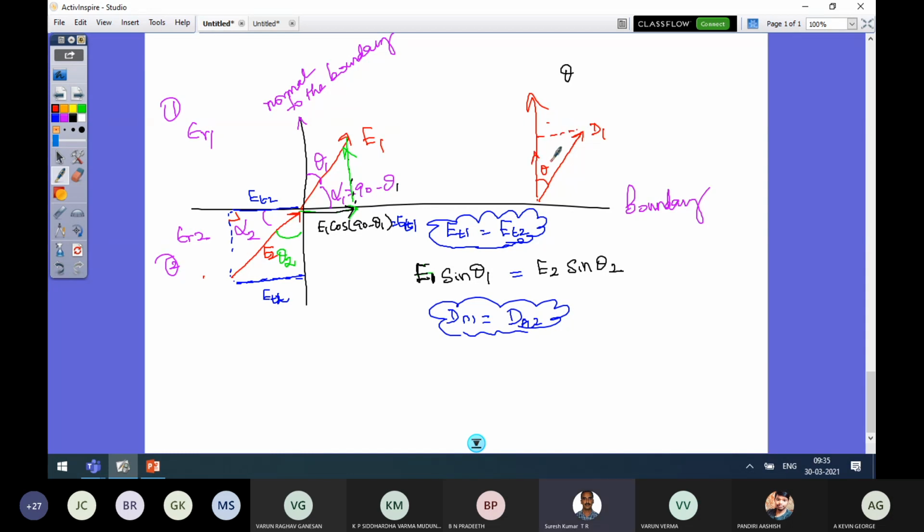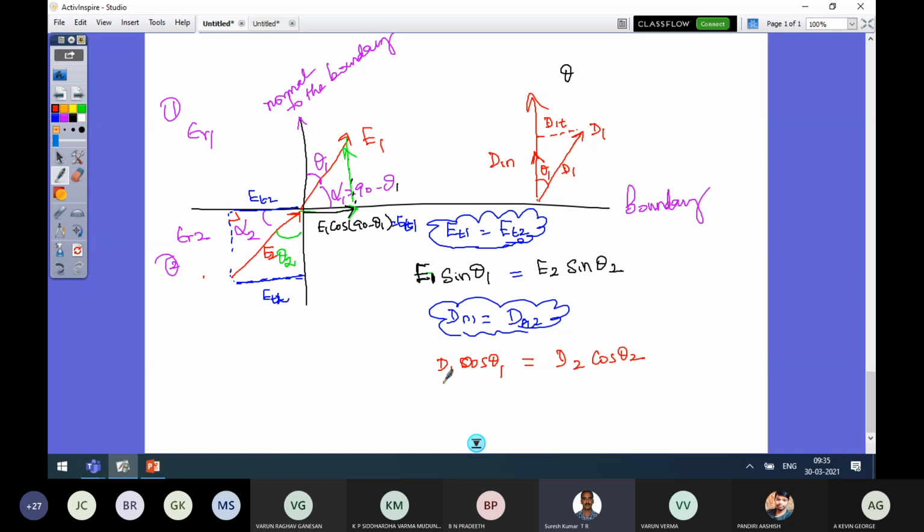This is the normal component, right? So this is D1N, this is D1T. So what is Dn1? Dn1 will be D1 cos theta 1. In the same way for D2, you will get D2 cos theta 2.